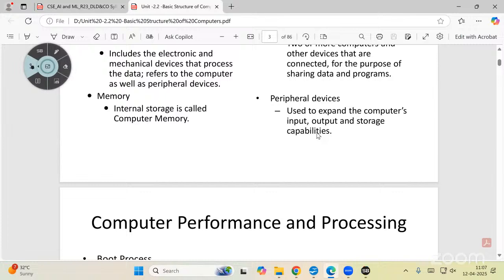In our mobile phones, you are using 4 GB RAM and 64 GB ROM, read-only memory. That is called the internal memory. Coming to desktop computers, we use a 500 GB hard disk and 8 GB or 16 GB RAM. That is called internal memory.